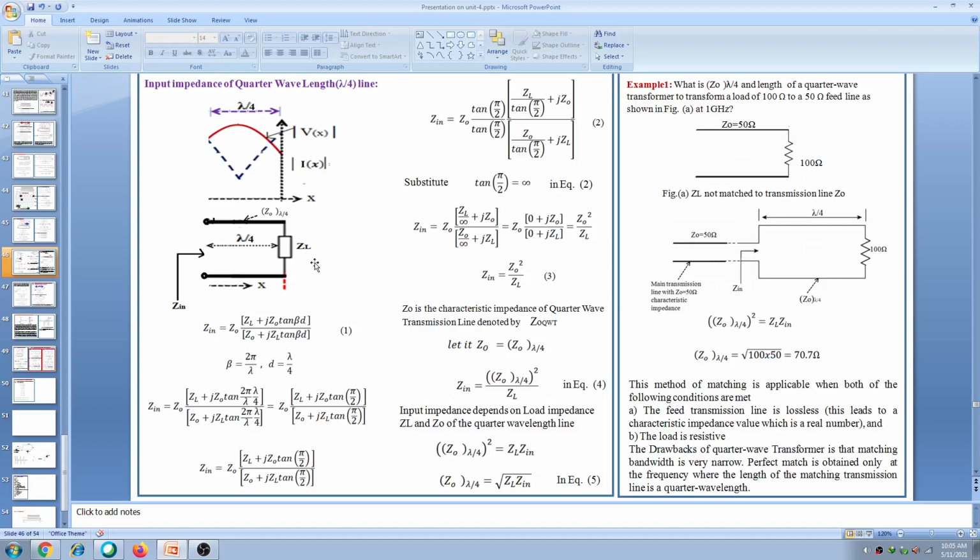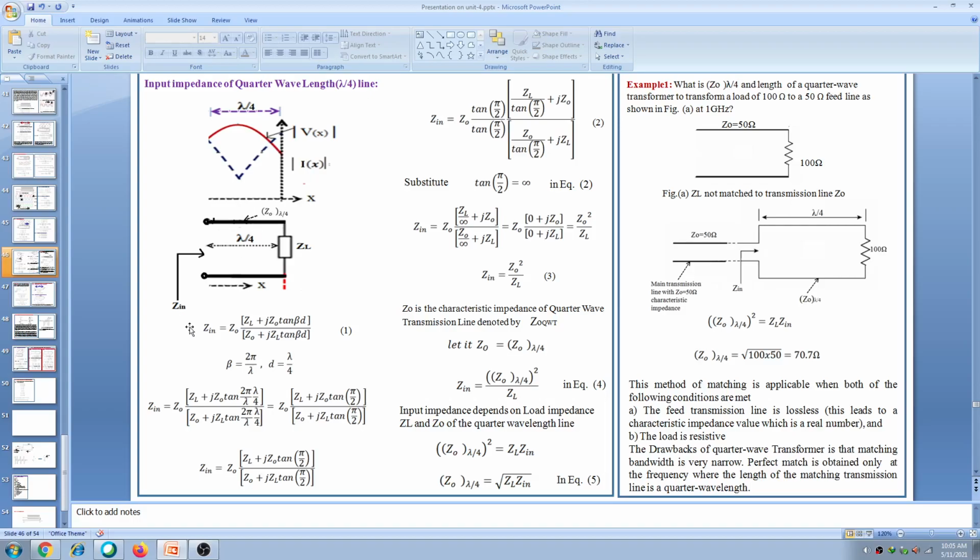As you know, in a transformer, the input impedance and output impedance, primary and secondary impedance, will be different. Similarly, this is transforming the impedance ZL to some value given by this equation. So ZIN depends upon the value of the characteristic impedance of the transmission line.